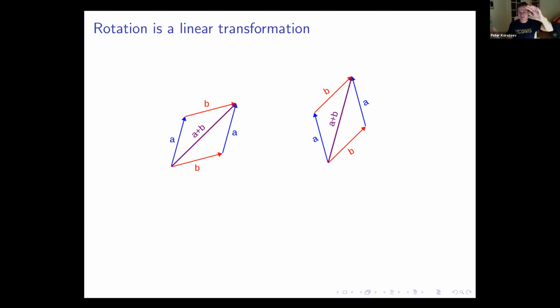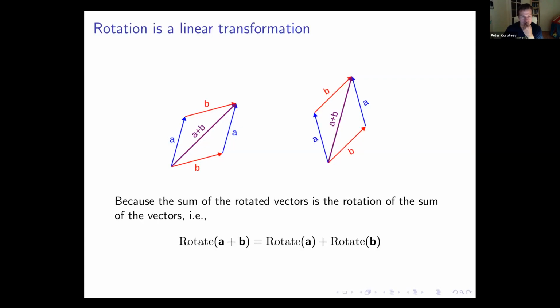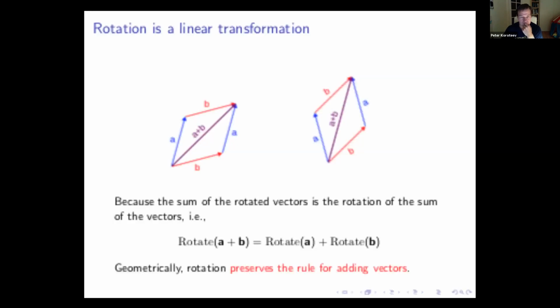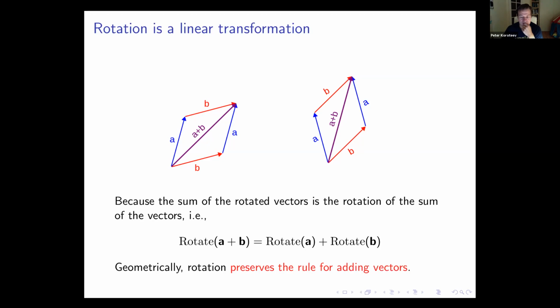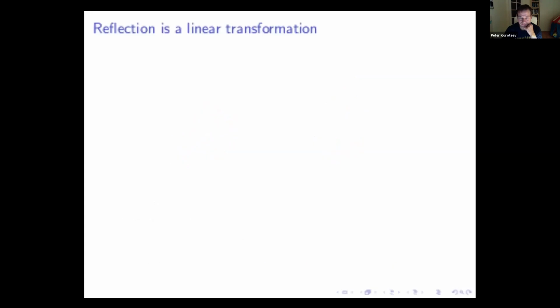You're just taking it and rotating it. So therefore, rotation is a linear transformation. So it preserves the rule of adding vectors and adding vectors with any multiple coefficients.